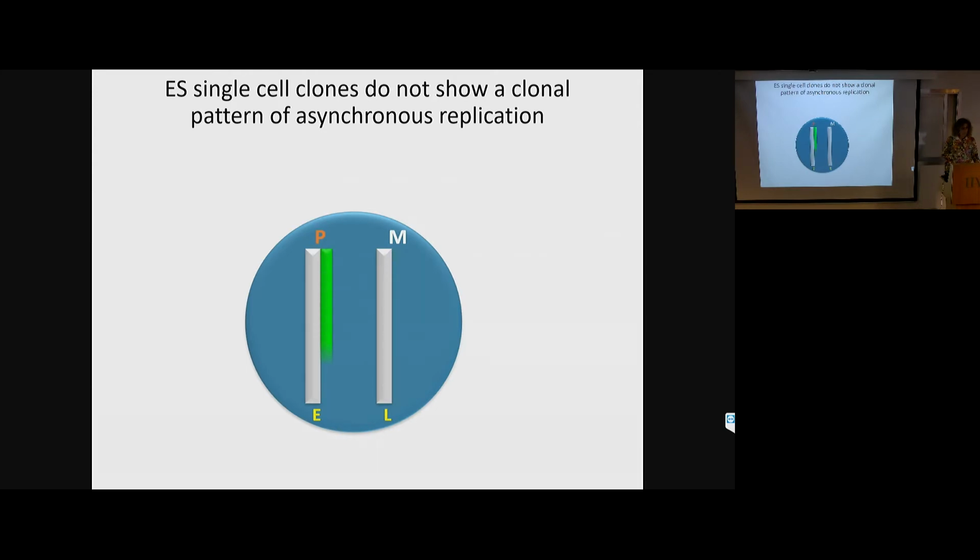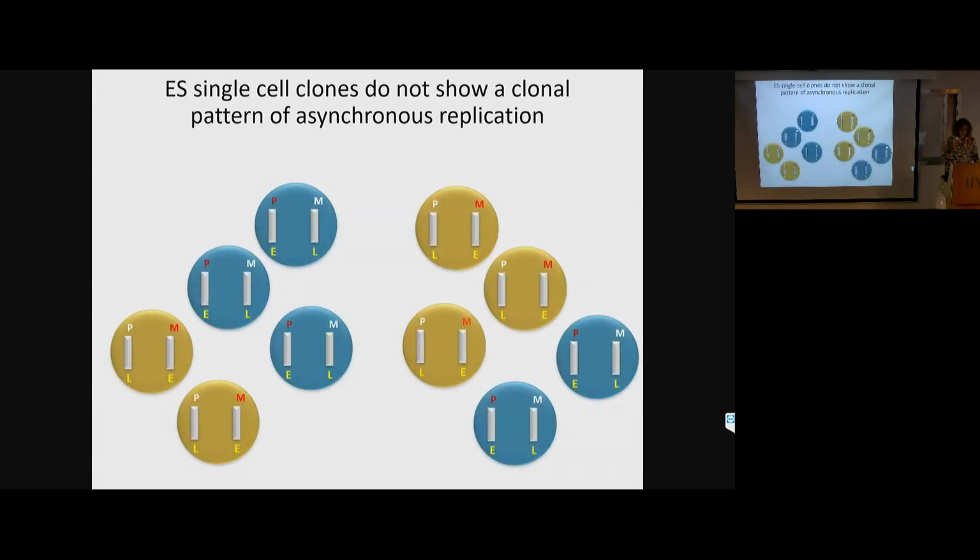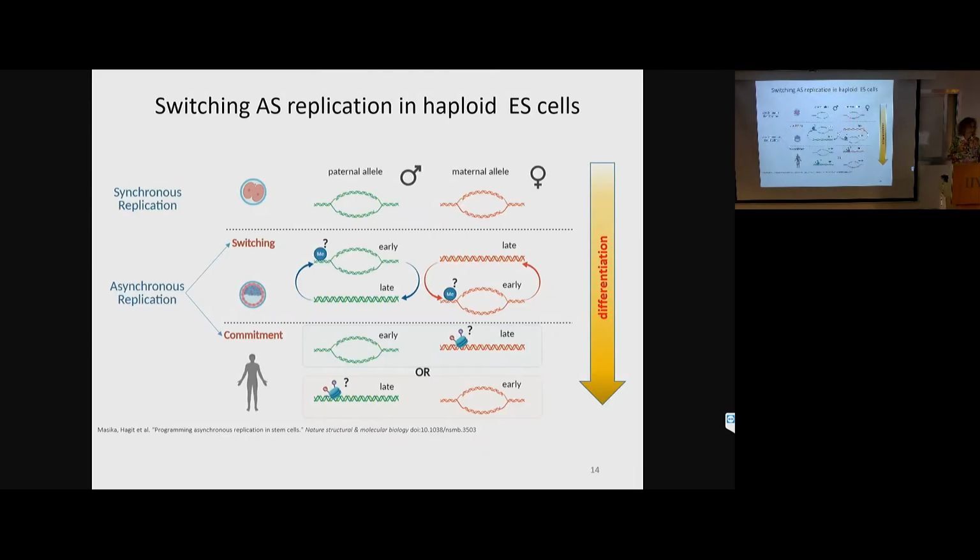So the mother cell replicates the paternal early and the maternal late, and then we made a single cell clone from them. And now we got that 50% of the cells replicate the same way that the mother cell replicated, but 50% replicated the maternal early and the paternal late. So it's different than the committed pre-B cell. In ES cells, they switch their decision.